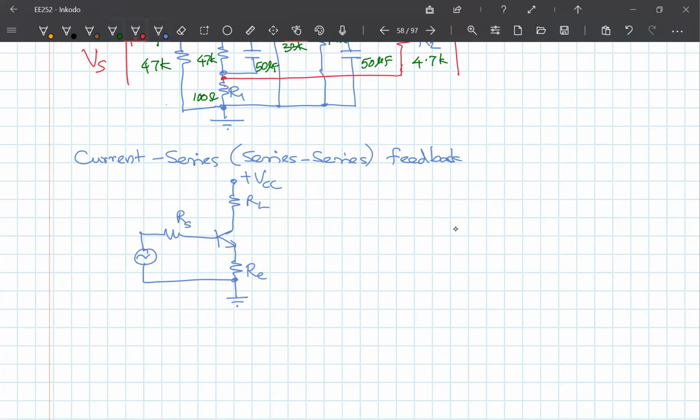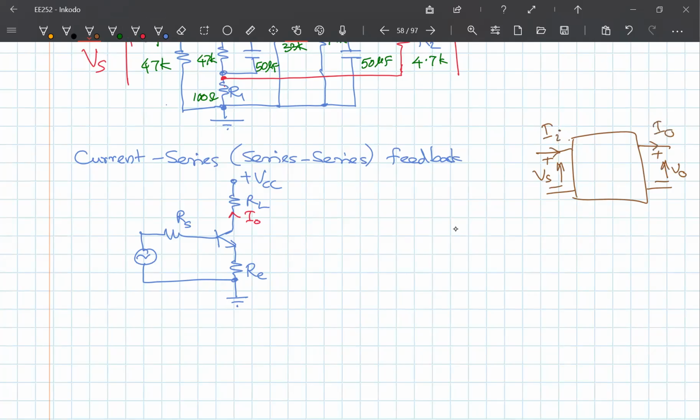In this case, I'm going to mark the output like this because typically when you look at a circuit, we mark the input and output. If it is a voltage, it is like this. And for currents, we mark input current and output current, right?